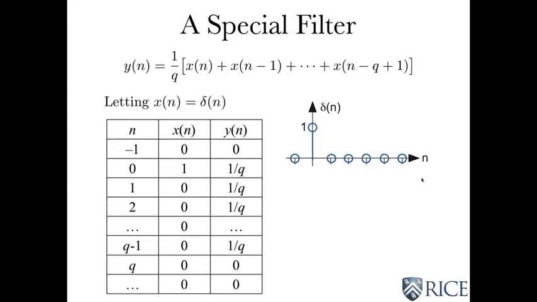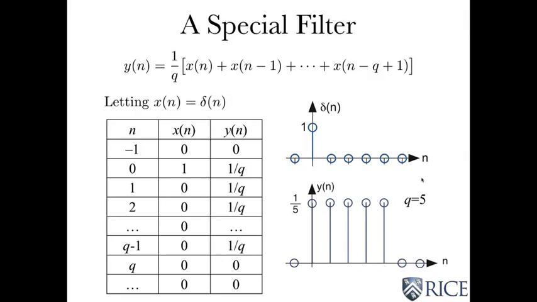So for our special filter, which has this difference equation, we put in the unit sample. The output basically looks like a pulse, and that's what it is. It's a pulse. So here I plot it for a specific value of q, and it's pretty easy to implement and see what's going on.